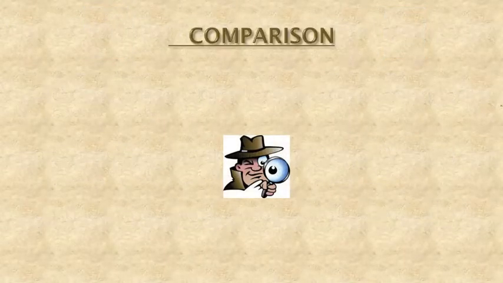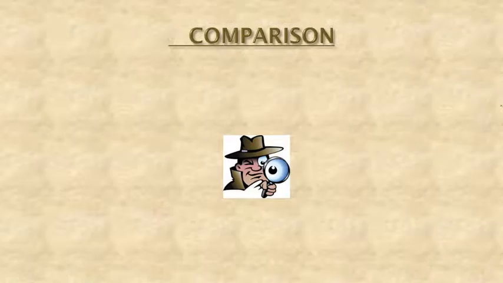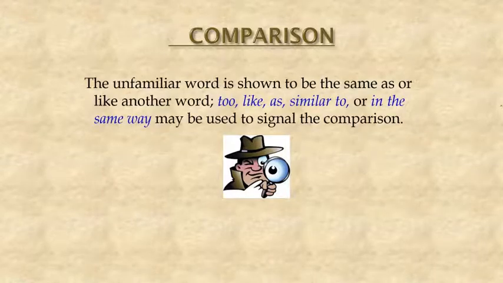Let's see the two types of context clues we are going to see. We have the comparison context clue, where the unfamiliar word is the same as, or like, another word. We're going to look for words like "to," "like," "similar," "as." It's like having synonyms in this case.